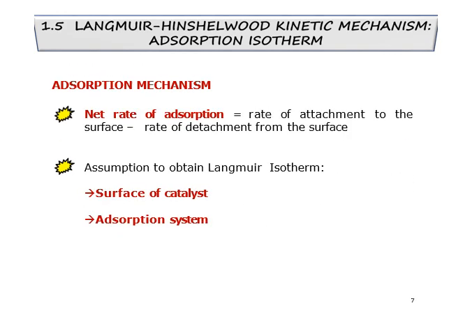Then, in order to find the net rate of adsorption, it means the rate of attachment to the surface minus the rate of detachment from the surface. So that's the theory of the adsorption mechanism. To obtain the Langmuir isotherm, we have to consider the surface of the catalyst and also the adsorption system.